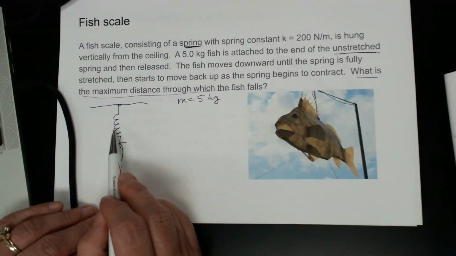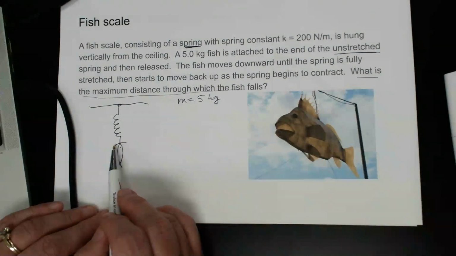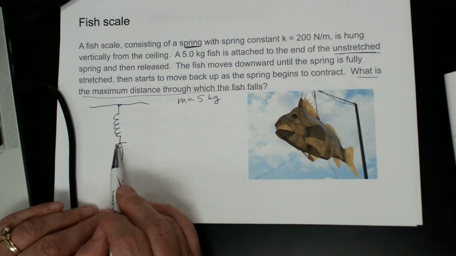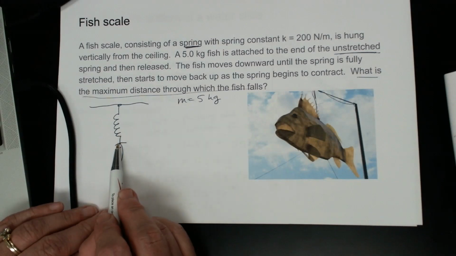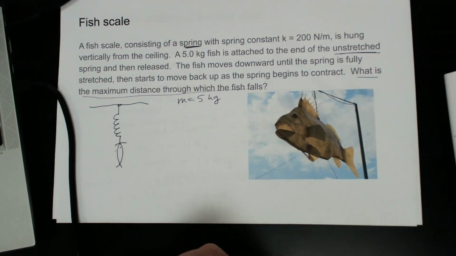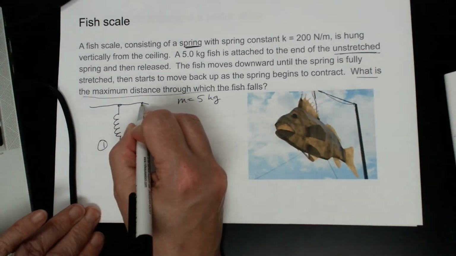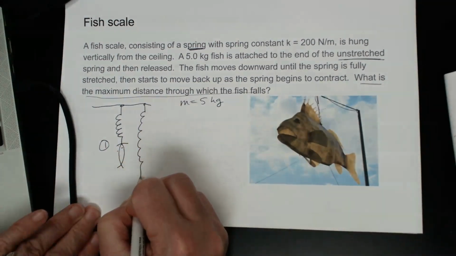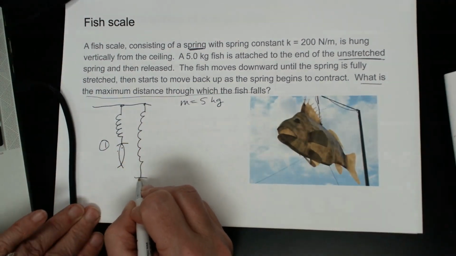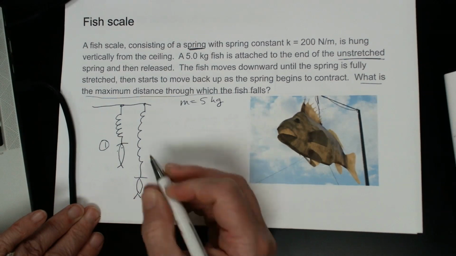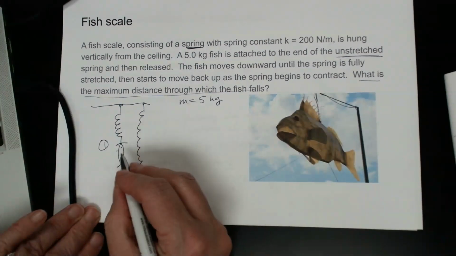We don't know how long the spring is in its equilibrium state, I guess. But we know that when he's hanging and he's not released yet, he's just going to have gravitational potential energy. And then when he hits his max distance, when the spring is stretched as far as it'll go, now we've got a lot of stretch in this spring.